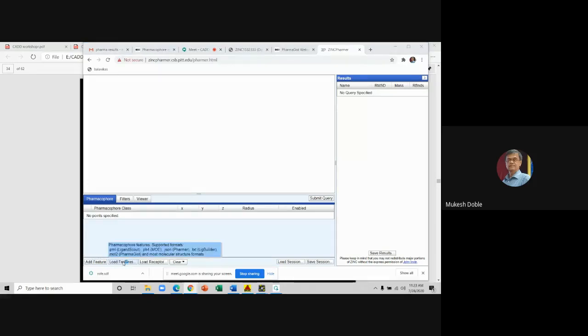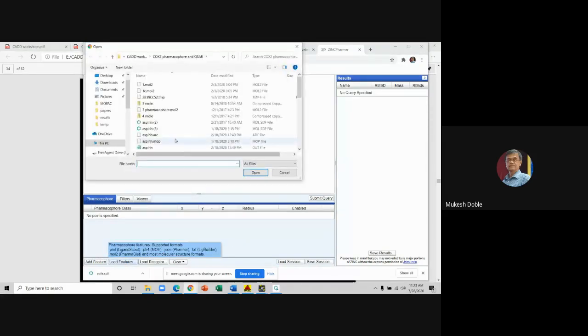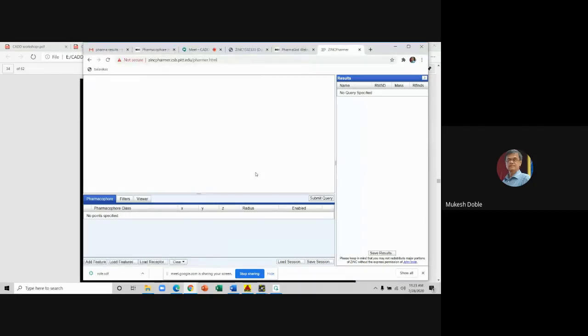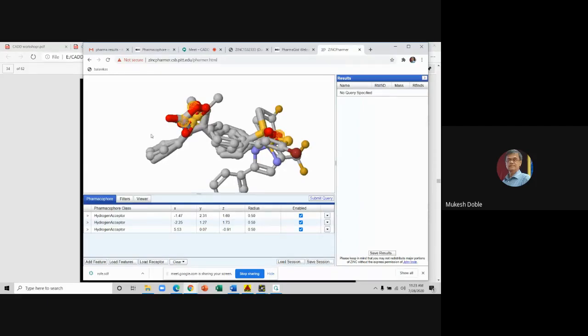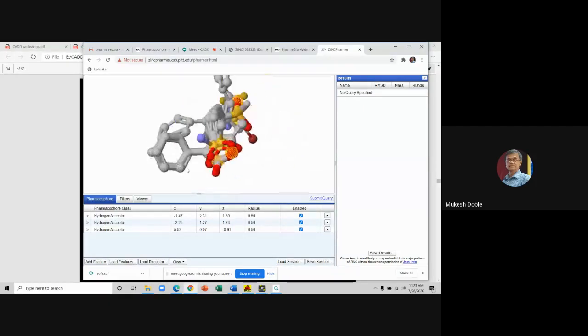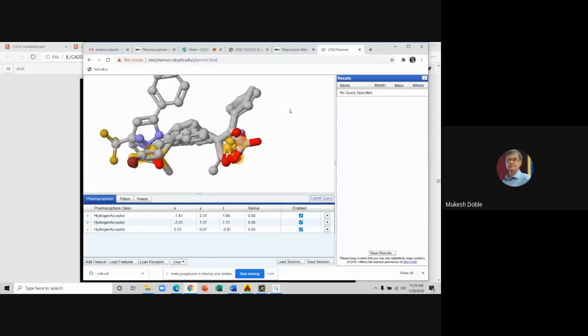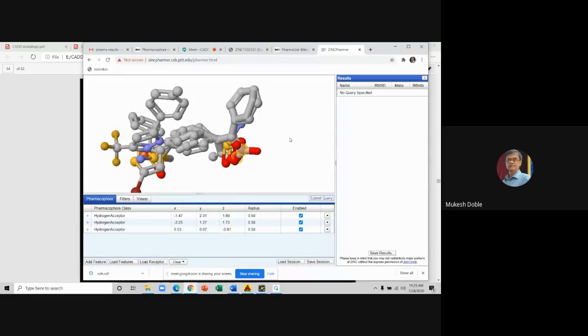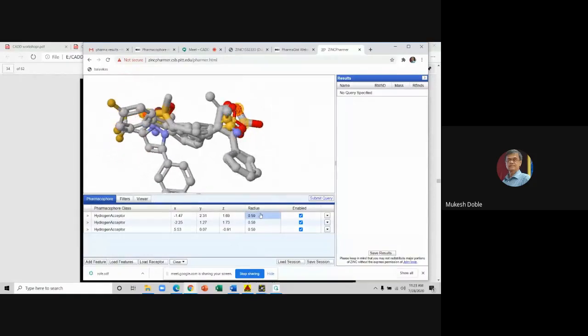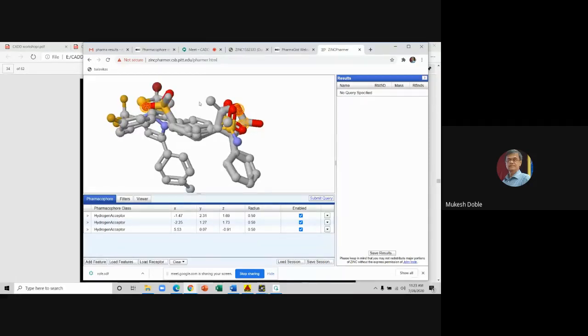Here we say load features. So we load the features. As you can see here, it has superimposed all those four molecules which I showed you: Celebrex, Vioxx, Rofecoxib, DUP6, and these are the three pharmacophores: acceptor, acceptor, acceptor, like a triangle.